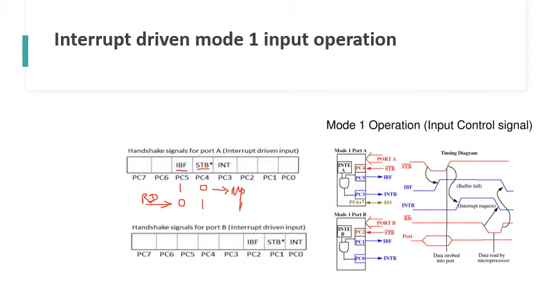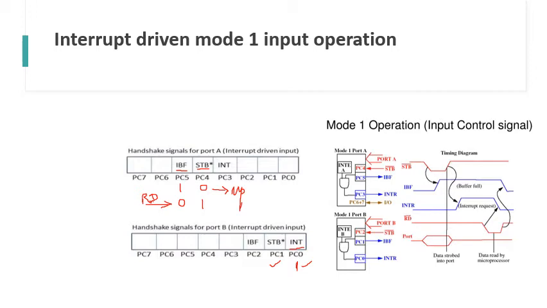Next, we will see about this INT pin. This is an active high output pin of 8255. Here INT stands for interrupt. Whenever there is a pulse at this strobe pin, there is some new data coming into the input buffer. When this pulse occurs, the INT signal goes high. This signal is connected to the interrupt pin of the microprocessor.